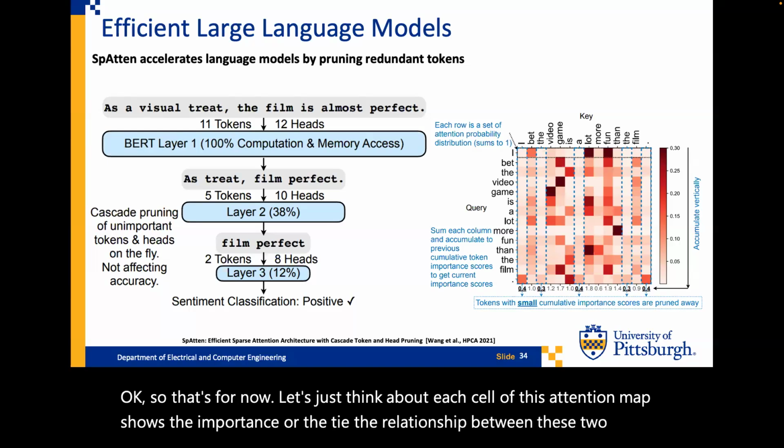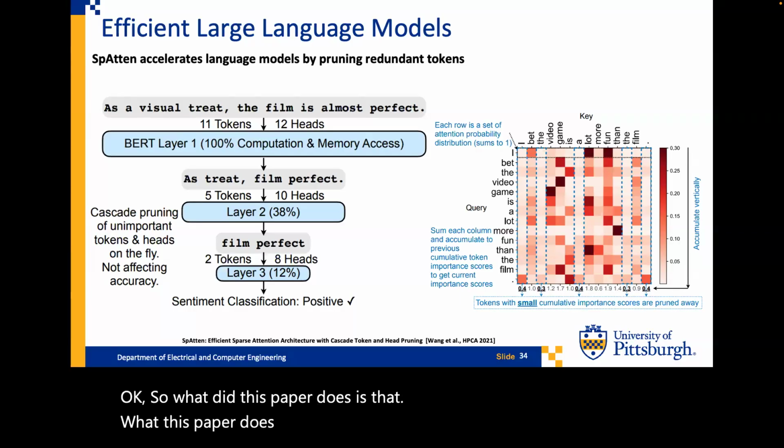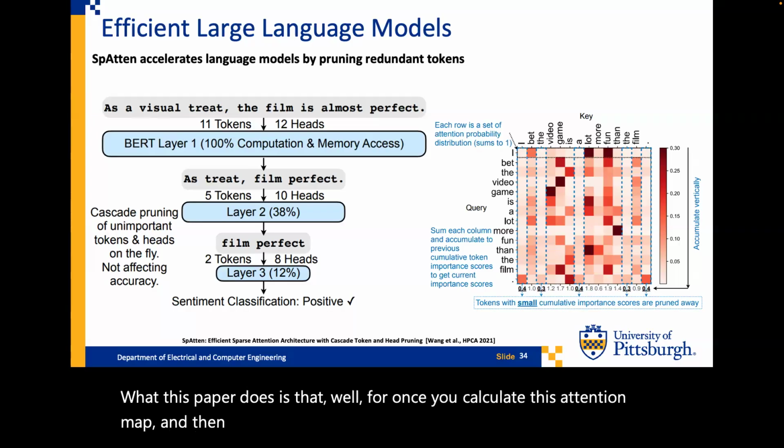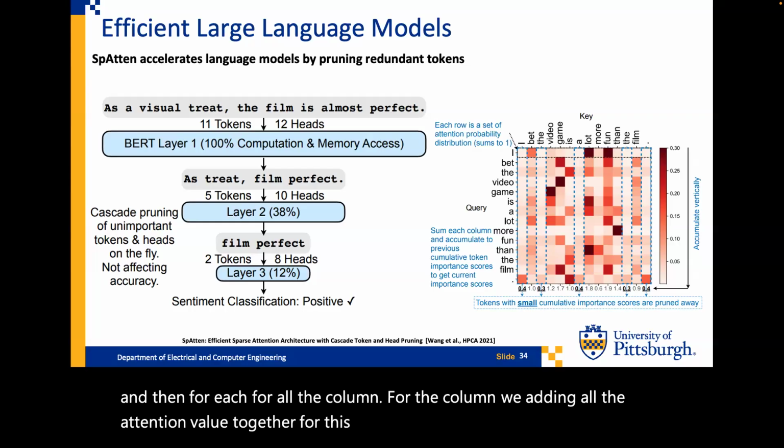What this paper does is, once you calculate this attention map, for each column we add all the attention values together for the whole column to get one value.